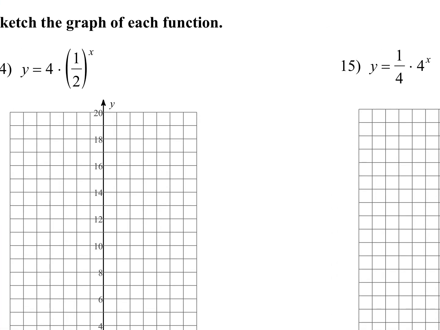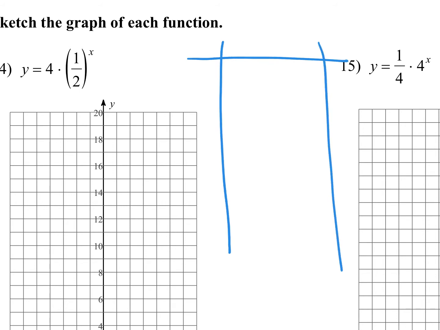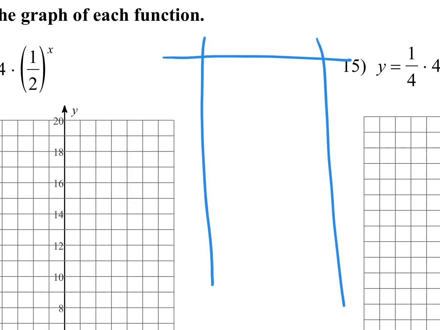What's the first thing I should do when graphing? Make a chart. Yes. What are good numbers to plug in for x? -1, 0, 1, and 2. So let's start by plugging in -1.